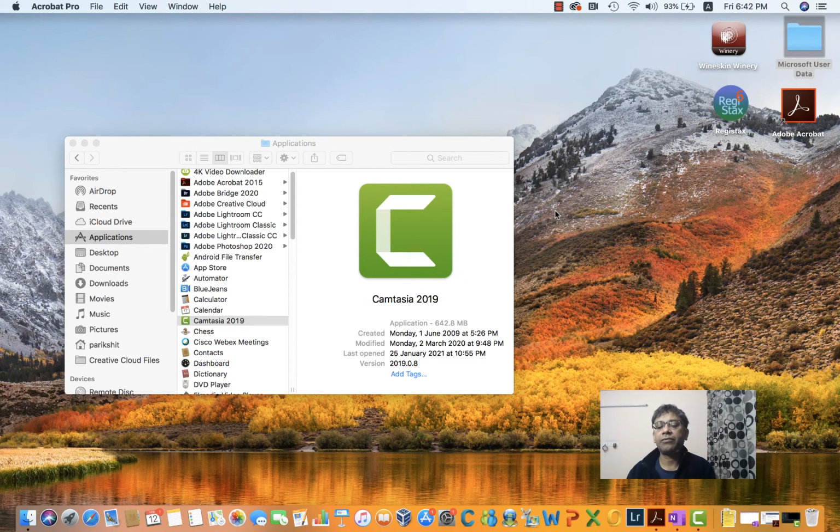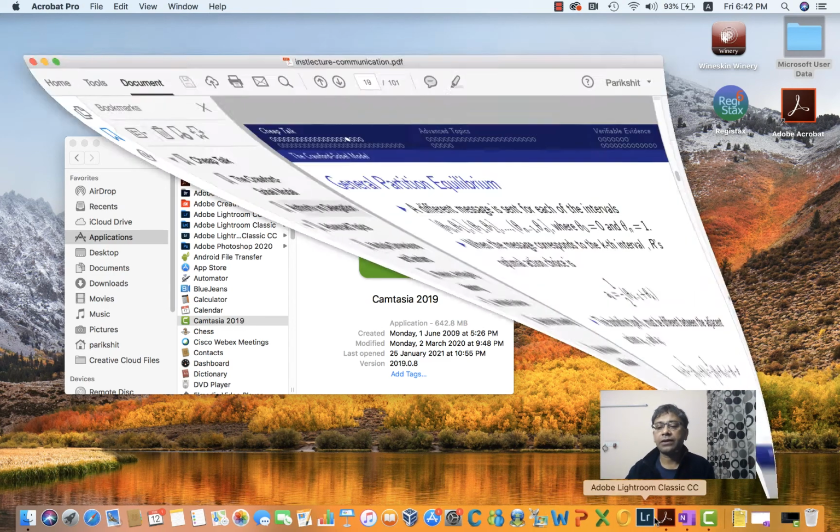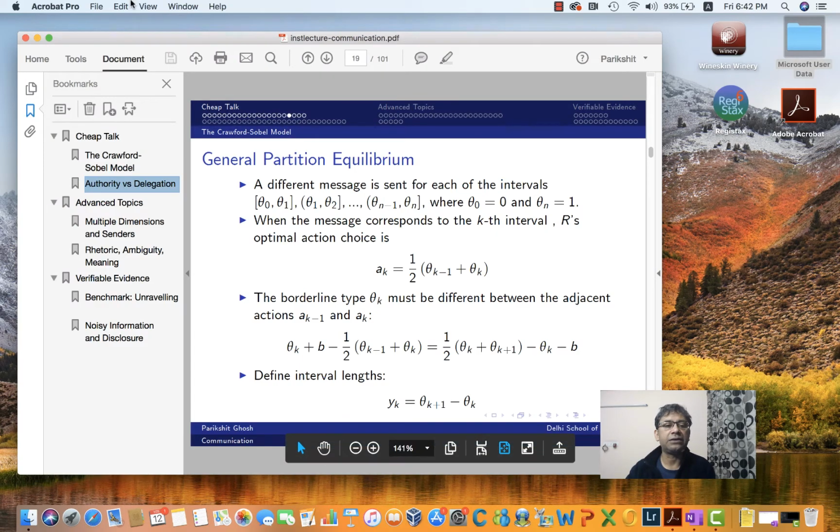And corresponding to each sub-interval, there's a distinct message. So basically, the listener or the receiver gets to know which interval theta lies in, but within the interval, no further information becomes available. So let's study the general equilibria of this model.